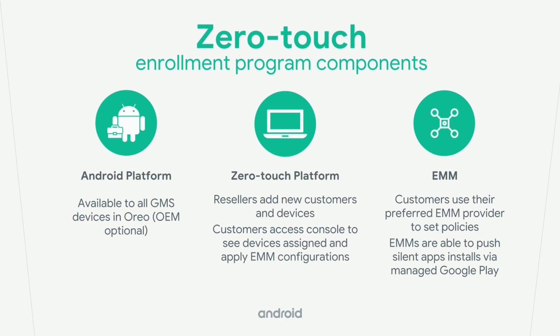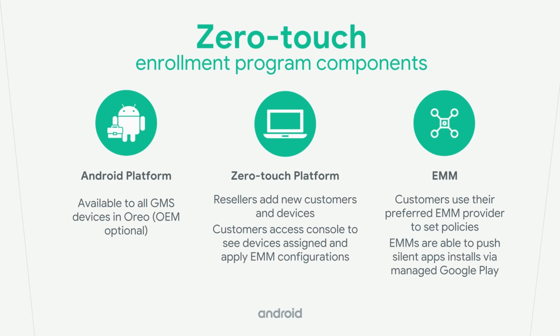The second pillar is the Zero Touch platform itself. This is a platform where both the reseller and the customer can go on separate sites. We will see this later on in the demonstration, and what we'll show is the reseller can add the new devices and also add customers on their side of the platform.